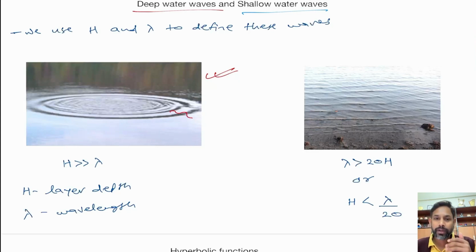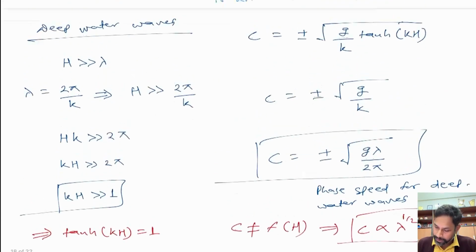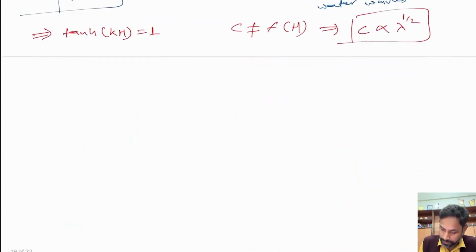So the larger the wavelength, the higher the speed for deep water waves, and that is actually what we get from this equation. So in deep water waves, we get higher wave speed for larger wavelength and smaller wave speed for a smaller wavelength, okay? So that is the behavior we see in case of deep water waves.